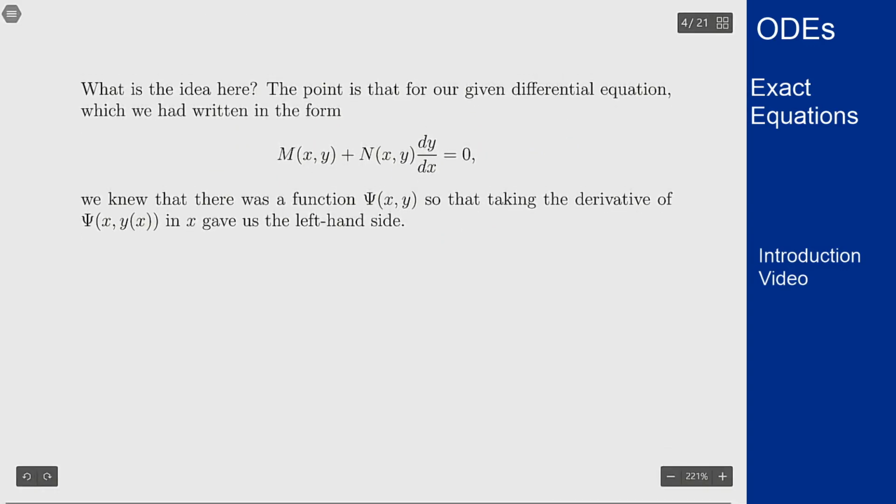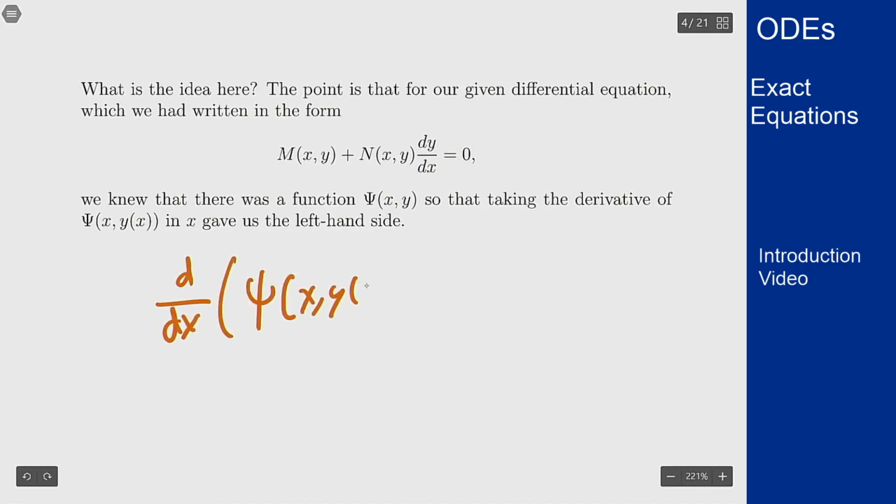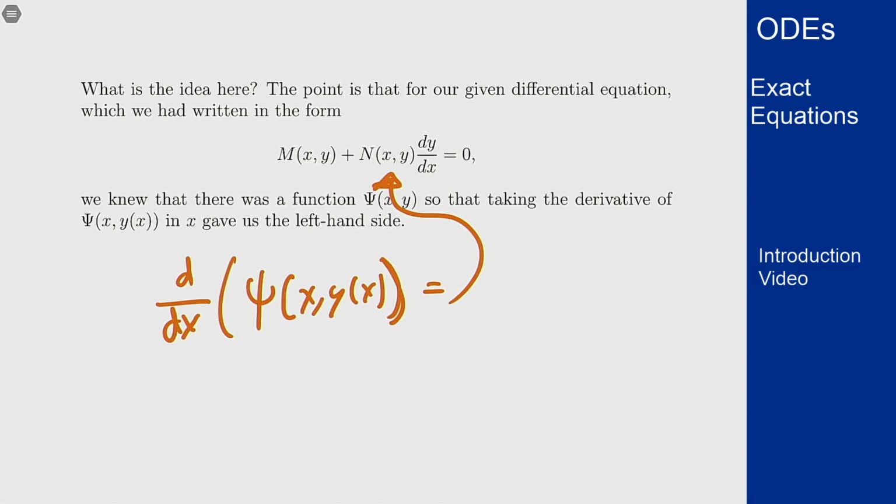The point is, we've written our equation in this form, some function M of x, y plus some function N of x, y times dy dx equals 0, and we knew there was some function psi such that taking d dx of this function psi of x, y of x gave us exactly the left-hand side. So now is where calculus comes into play.